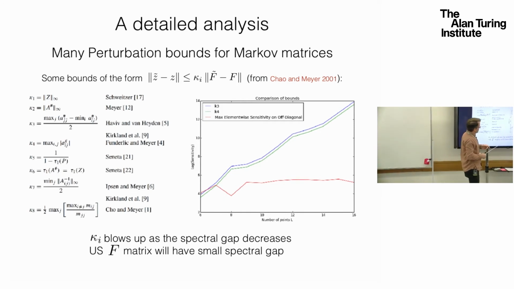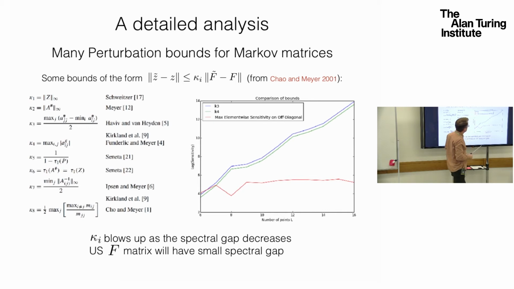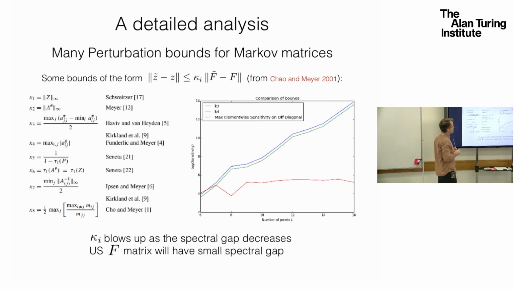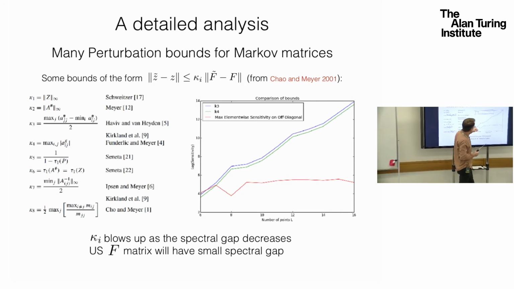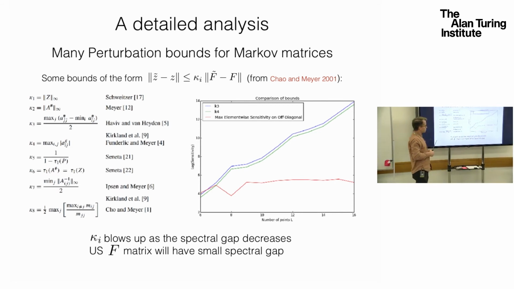But basically what you see is just two of the constants, the blue and the green. This is for a particular example where the spectral gap is decreasing. Okay? The spectral gap is decreasing as I increase the size of the matrix. And what you're seeing is those bounds blowing up.